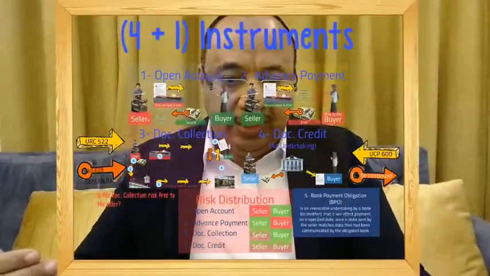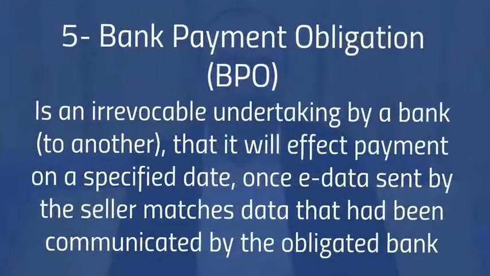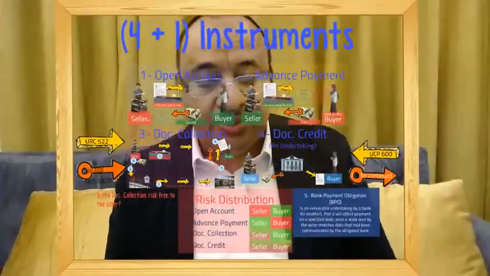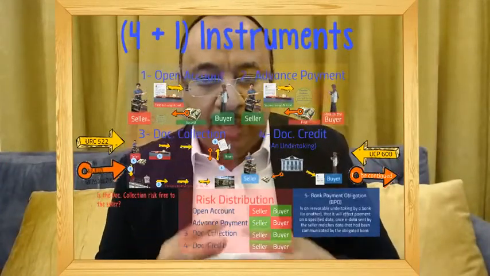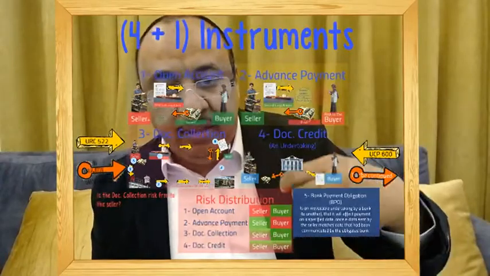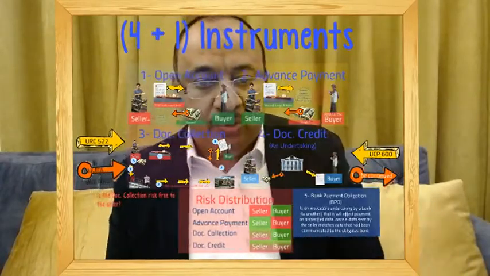And still, there is a new instrument of payment which is known by the name BPO, bank payment obligation, which is an attempt to introduce electronic payment methods, and that's still in the early stages, although it has been introduced since 2013.